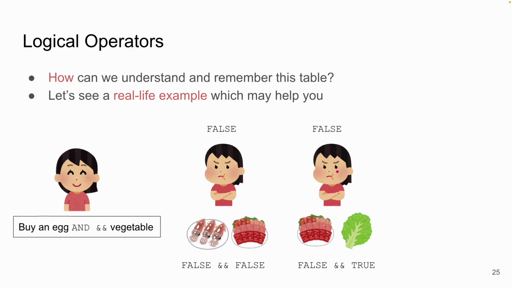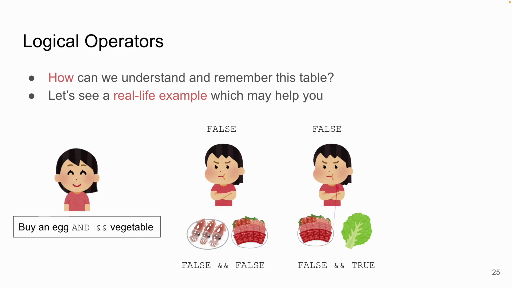And if I buy a meat and a vegetable, the meat is not an egg, so the outcome is false. And I still buy the vegetable, so the vegetable meets the requirement, so this is true.